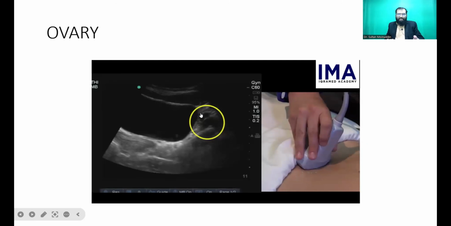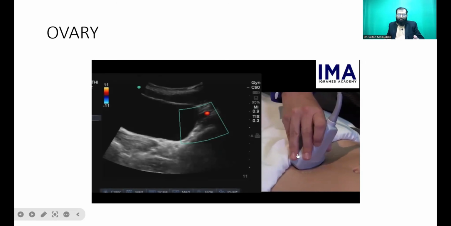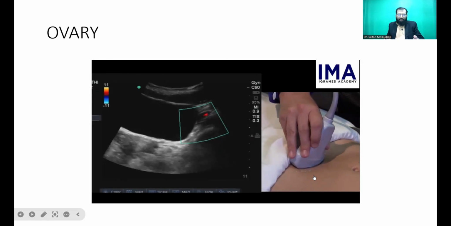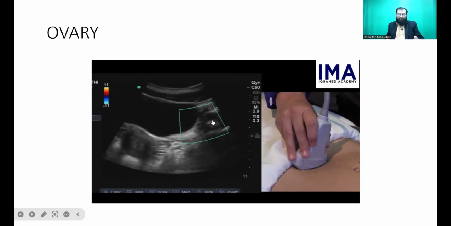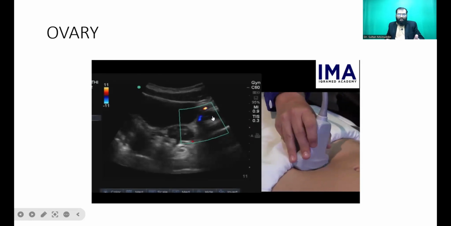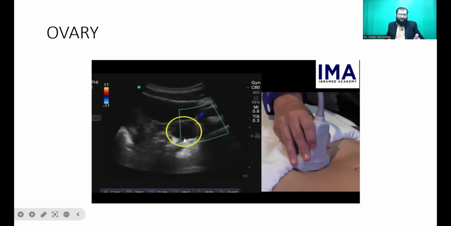You would be able to see these iliac vessels, and now trace these iliac vessels superiorly. So now sweep the probe, move it superiorly. Okay. Yeah. So now you are tracing this vessel superiorly. Trace, trace, trace. Yes. And now here you get this ovary.